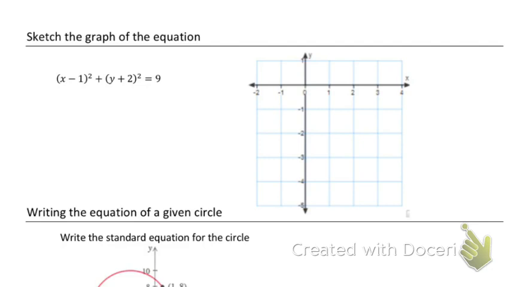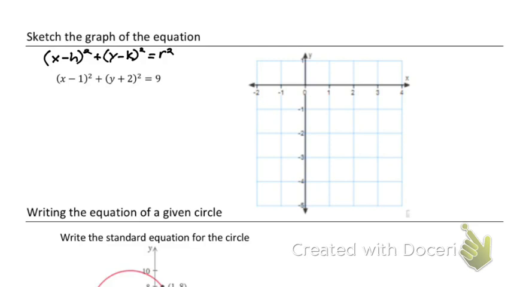We're supposed to graph the circle that's x minus 1 squared plus y plus 2 squared equals 9. Now remember, our formula is x minus h squared plus y minus k squared equals r squared. Remembering that affects how this is going to play out.